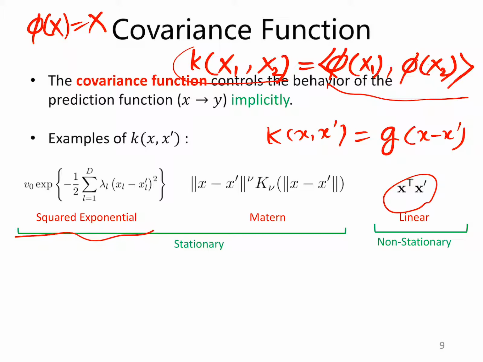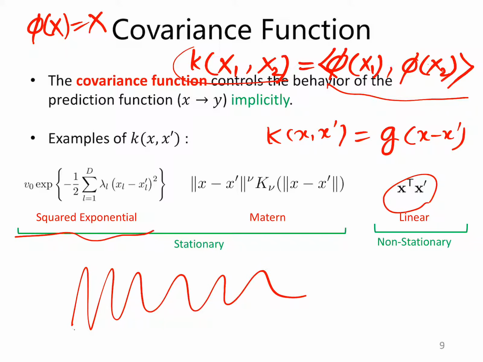Because if you think of it as a signal, and this is the origin, it doesn't matter where you compute the similarities between this x and this x, if the distance between them is d here, or you compute it here. So let's assume that the distance between them is both d. This is x1, this is x2, this is x3, this is x4.